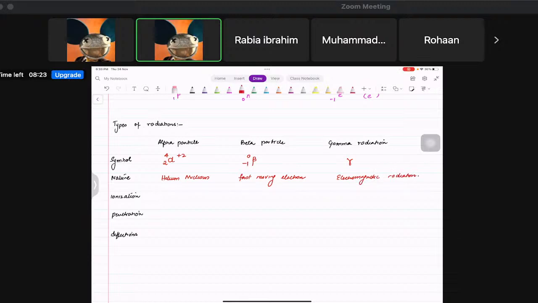Okay, now their ionization is that alpha is highly ionizing, which means that it can gain 2 electrons. Beta is moderately ionizing.